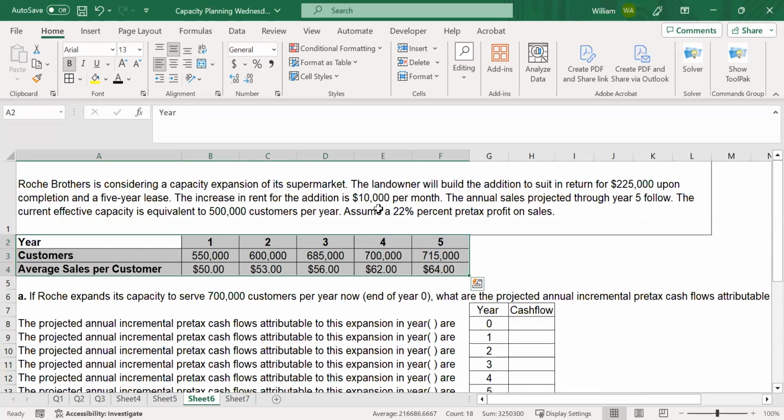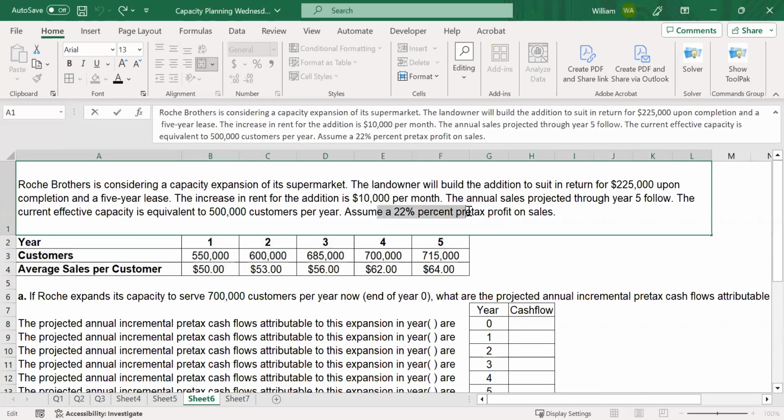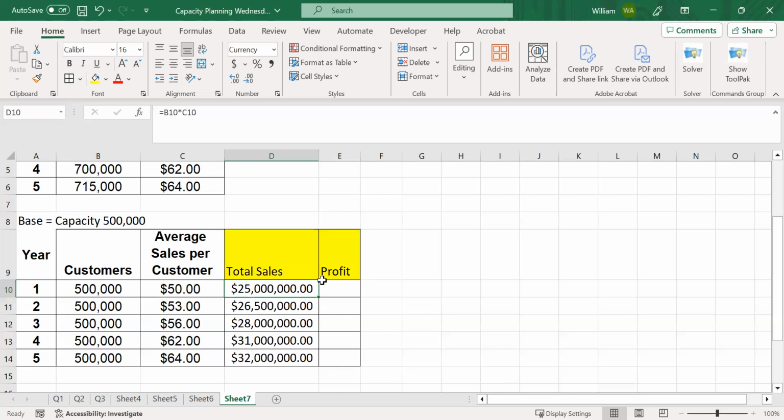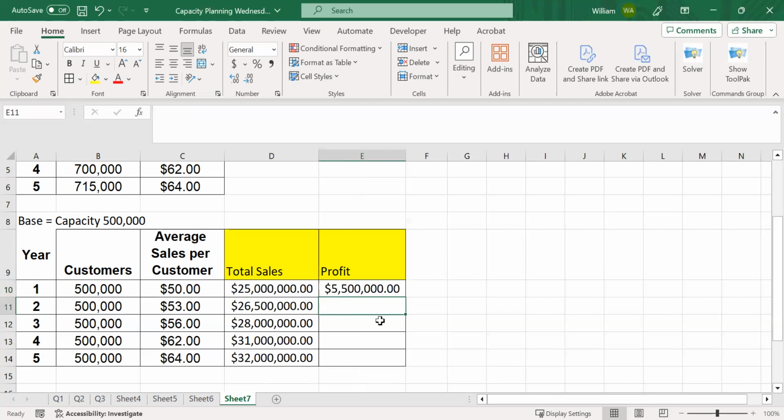And for my data, we're told to assume a 22% pre-tax profit. Okay, so my pre-tax profit here is going to be equal to 22% multiplied by 25 million. Okay, and I'll repeat the same for each and every year after that. 22% of the total sales for each year after that.